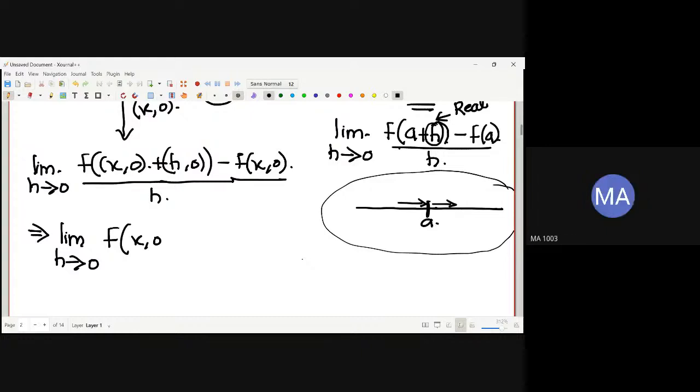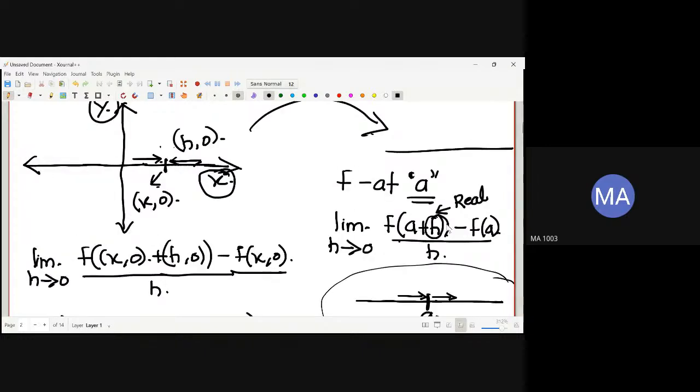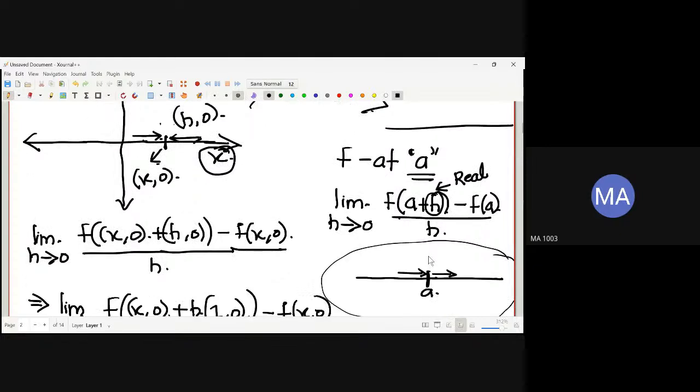And again, in some sense, there is nothing special about this point x comma 0. Why have I taken this point?